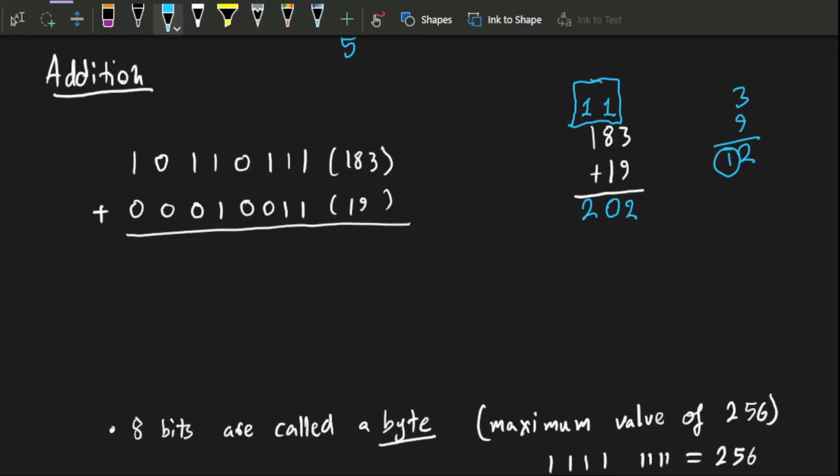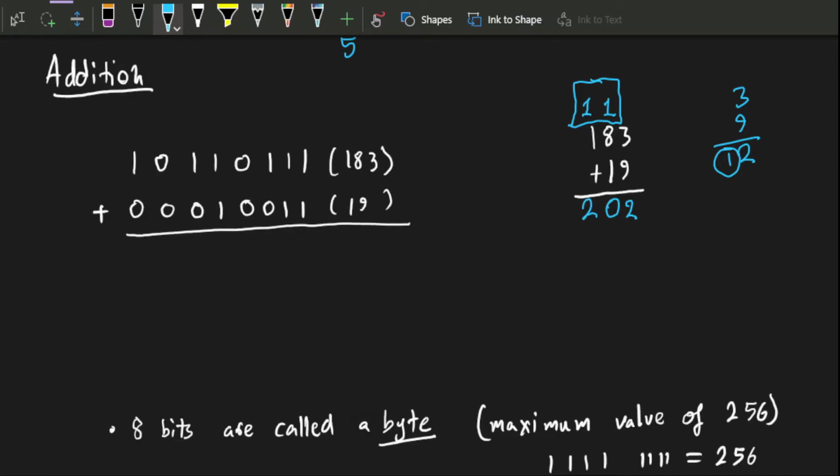Similarly, we will use the concept of carry in binary addition as well. Suppose these two numbers in the binary section, this number represents 183, and the number below represents 19.